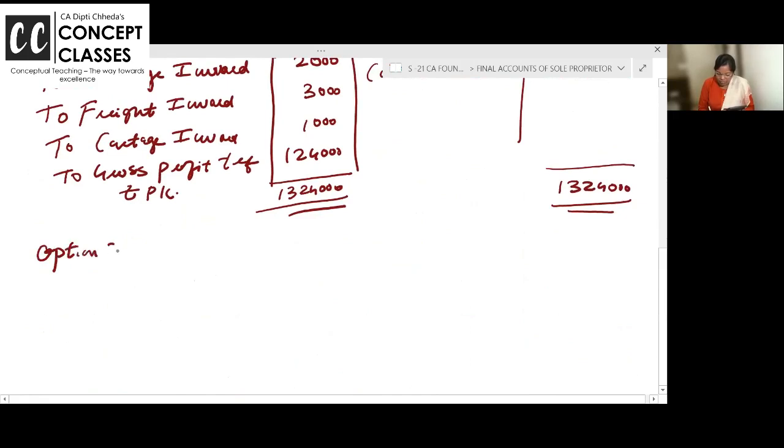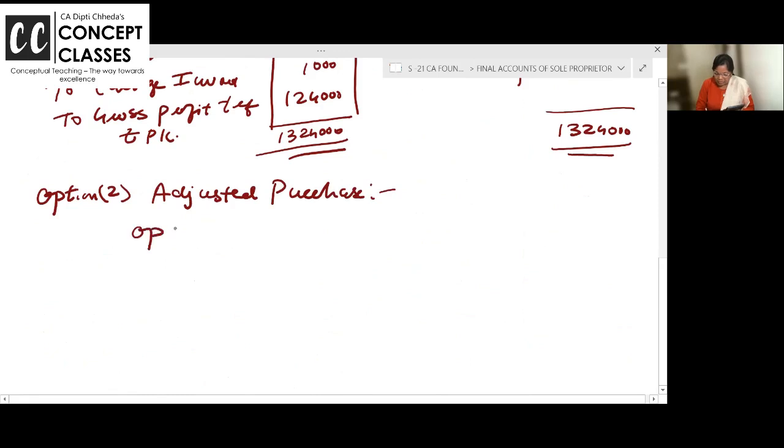Write option 2. If they give you adjusted purchase ready in the exam, first you write down what is adjusted purchase. Opening stock plus purchase. Purchase means net purchase. If you want to add the word, write down what I am writing.